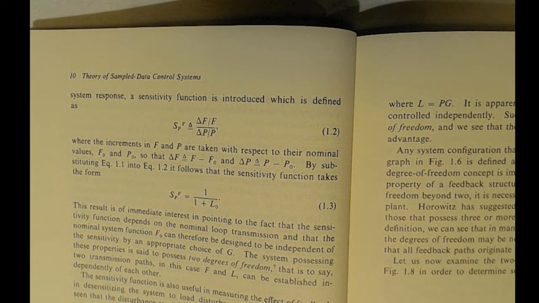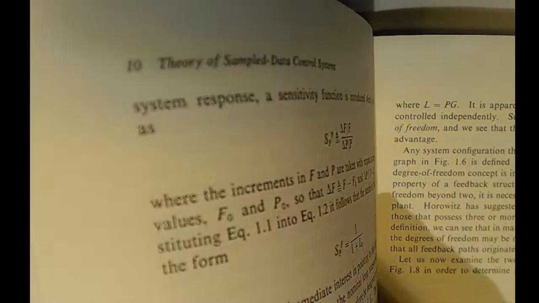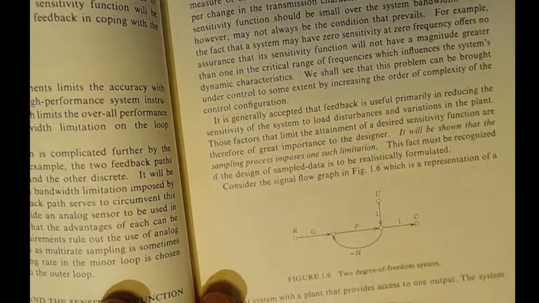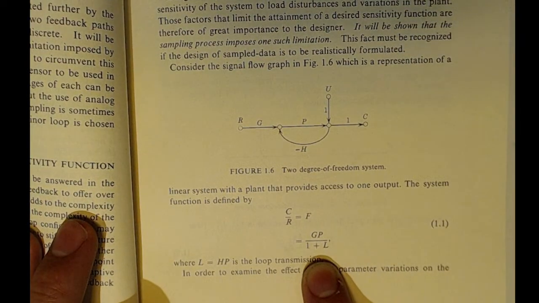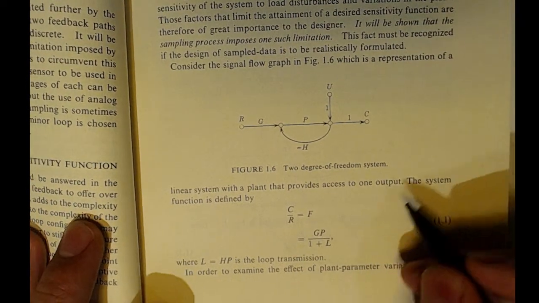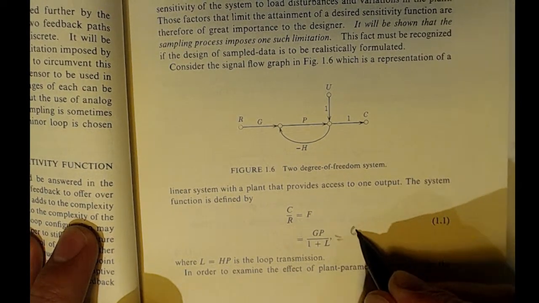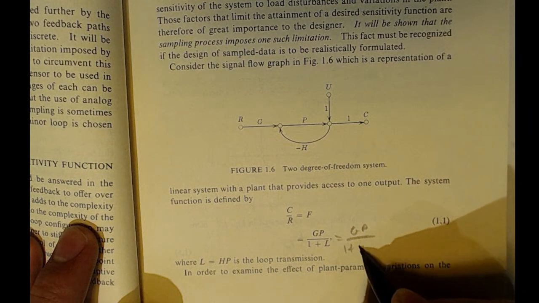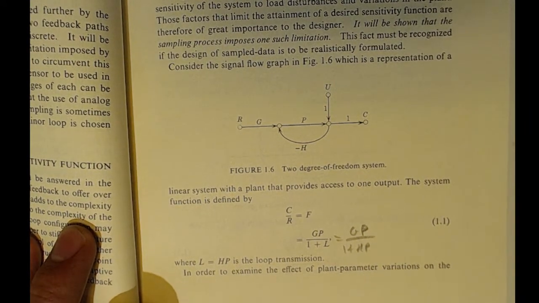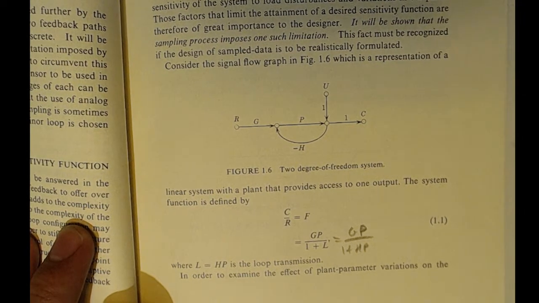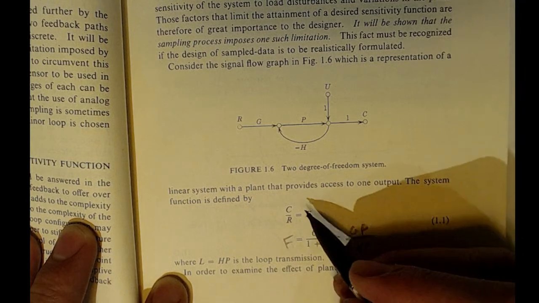Now, F is a function of P, right? F is equal to GP over 1 plus HP. It's so much easier to read like this in my book. It's GP over 1 plus HP, right?